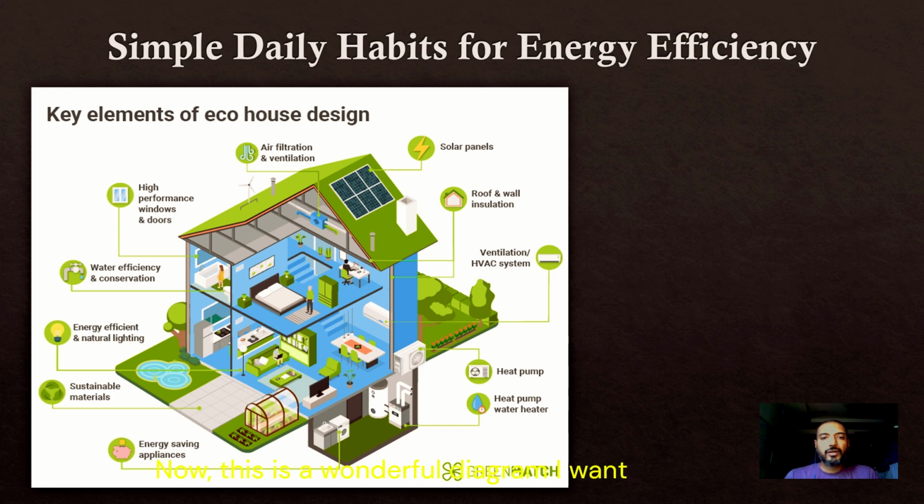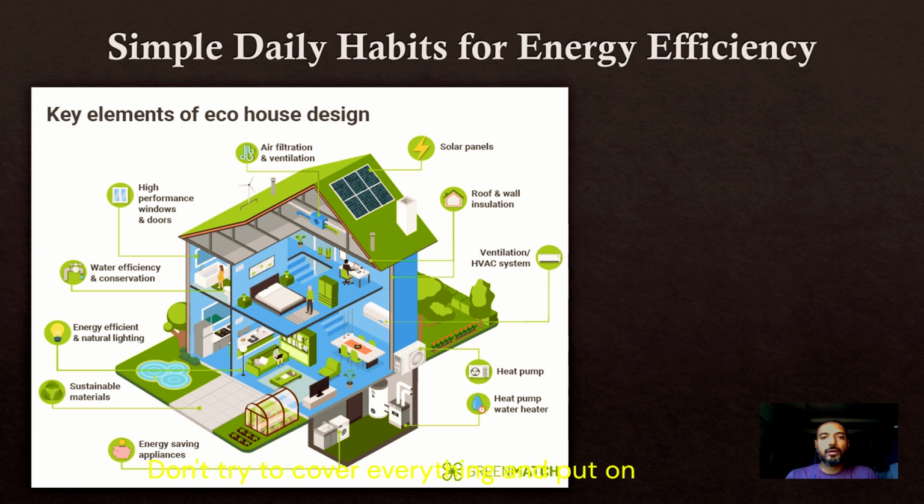Now, this is a wonderful diagram I want to present to you, showing how in a house you can build daily habits for energy efficiency, and what appliances and steps you can take to improve each and every area in your house. It can start with using energy saving appliances or sustainable materials, and go for natural lighting as far as possible.